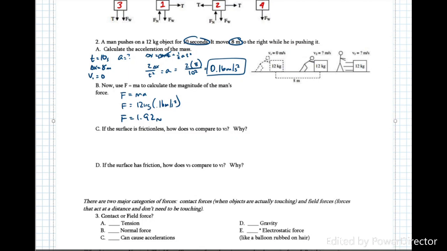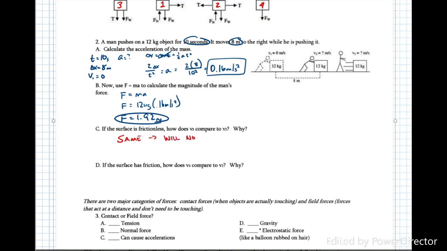So man's pushing it, pushes it his 8 meters, gets to velocity 2, which we know kind of what those numbers are. Surface is frictionless. How does velocity 3 compare to velocity 2? Man, let's go at velocity 2. No friction. Those speeds are going to be the same.